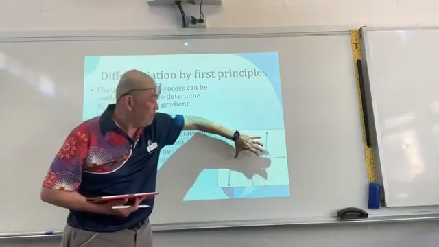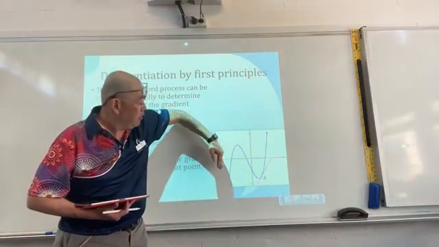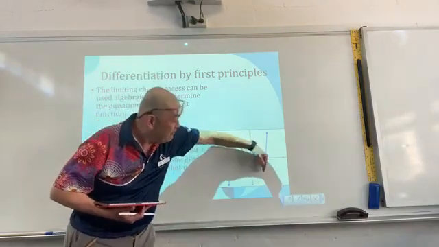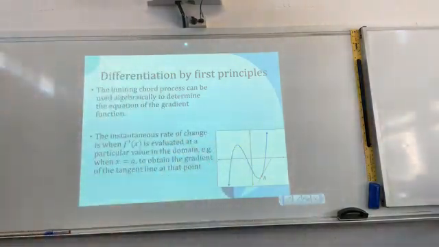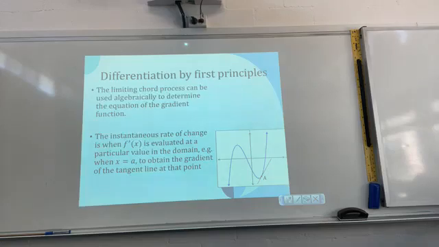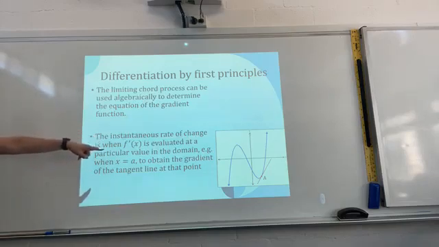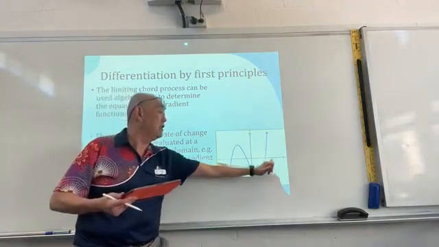Sometimes you have a domain which you've limited. All right. So you've got to think about the function. The function could be limited to certain domains, or it could be the whole real number line. All right. So you can use the instantaneous rate of change. You can evaluate it when x equals a. So that is the point there. The gradient at that point, tangent at that point.